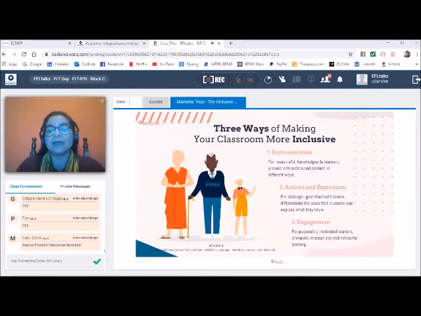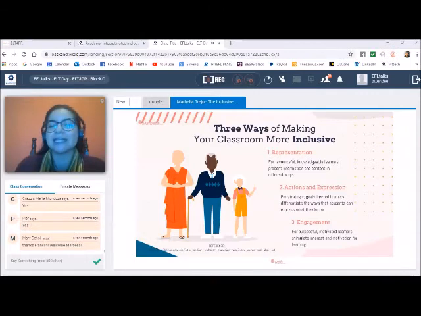And lastly, we're going to think about different ways that we can engage students. How can we make sure that our students feel stimulated, motivated, and that they can all feel involved in the classroom? First, we're going to start off with 4 different strategies that we can apply for representation.